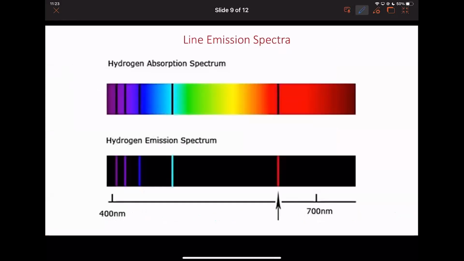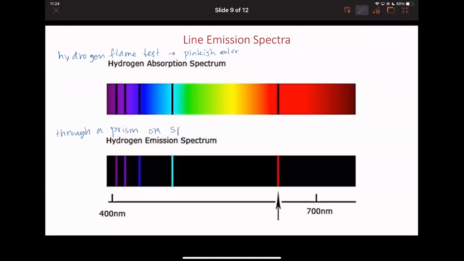Okay, and so what you see, for instance, when you see the hydrogen flame test, which you did not get to see, but the hydrogen flame test is kind of a pinkish color. Okay, and it has an overall absorption spectrum of this, but through a prism or a spectroscope, so a prism is probably what Niels Bohr used, but if you used a spectroscope, which you're going to see an example of, you would see this, the line emission spectrum for hydrogen.